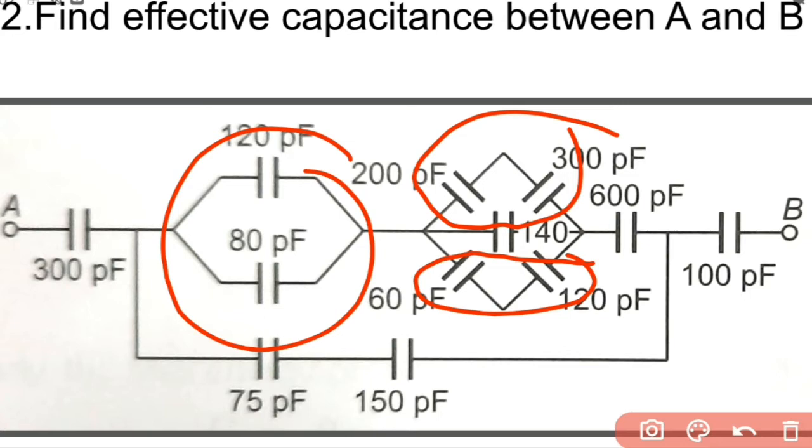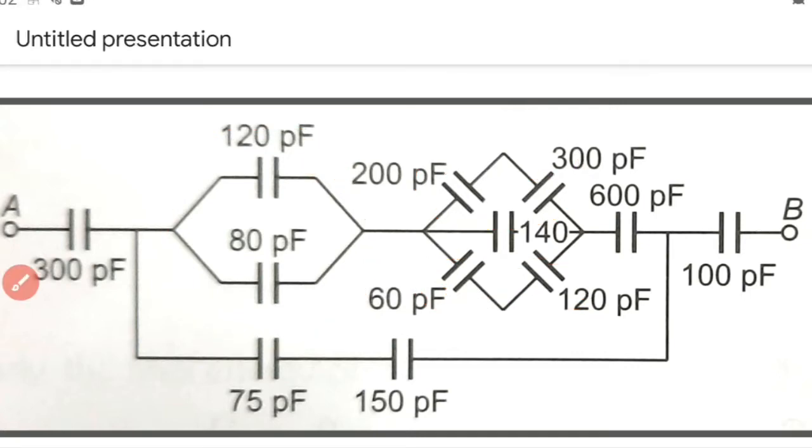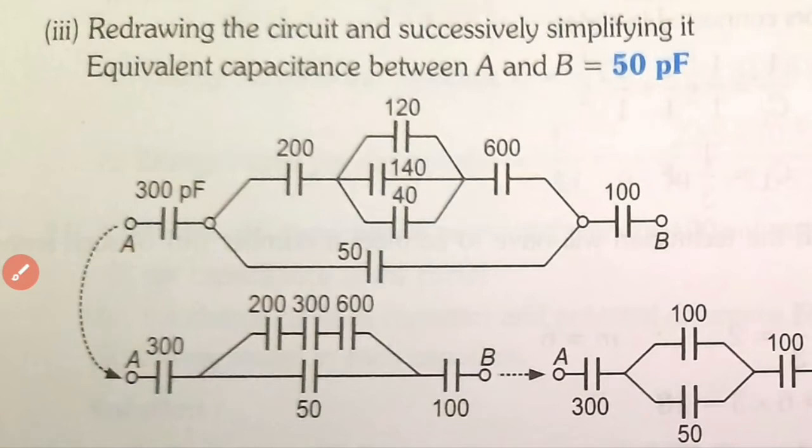So this circuit reduces to the parallel combination of this series connection, this series connection, and the middle one, that is 140 picofarad. Got it? When we draw the reduced diagram, here we have it redrawn.